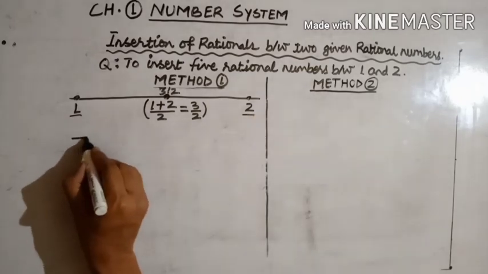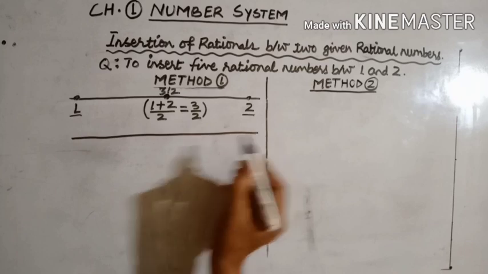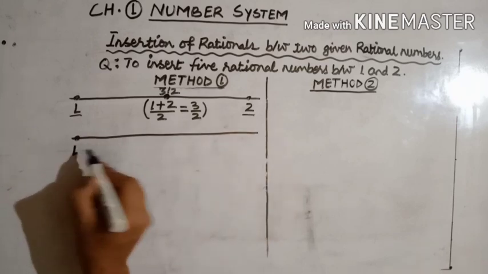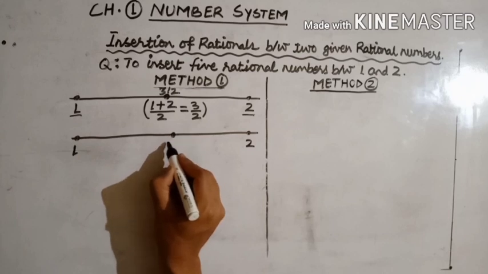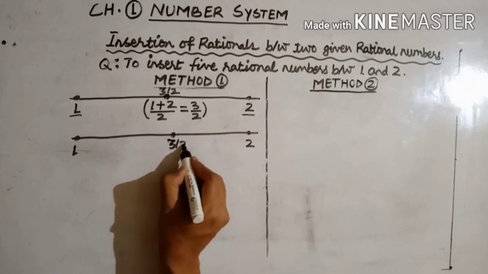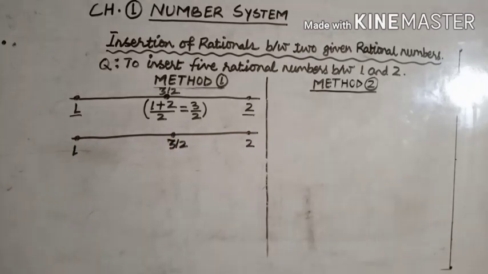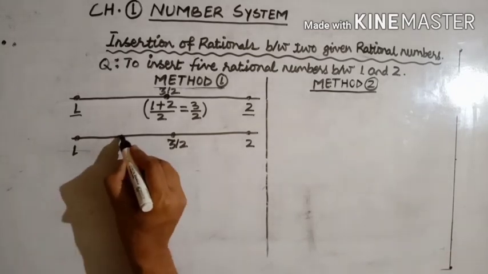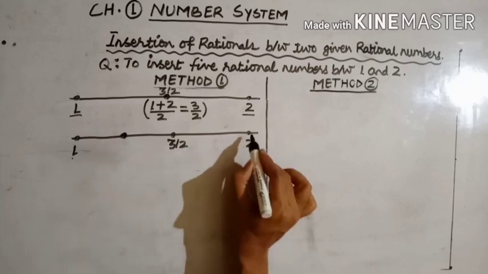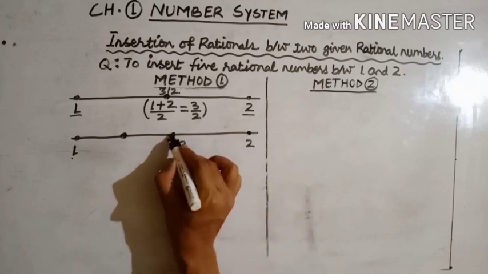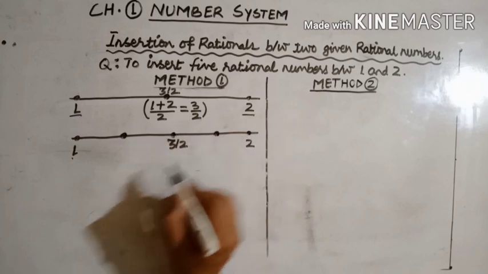Next to it, in the same manner, we find the rational number lying just in the middle of 1 and 3 by 2 and just in between 2 and 3 by 2.